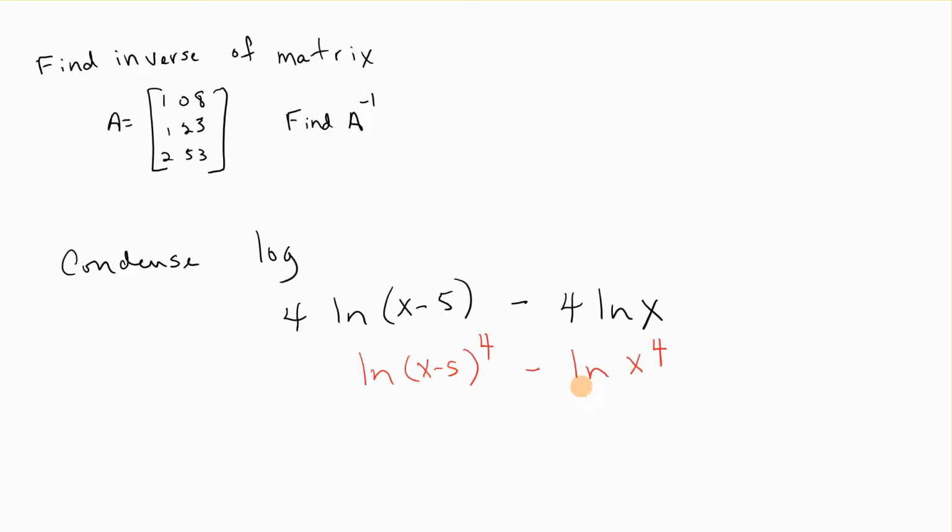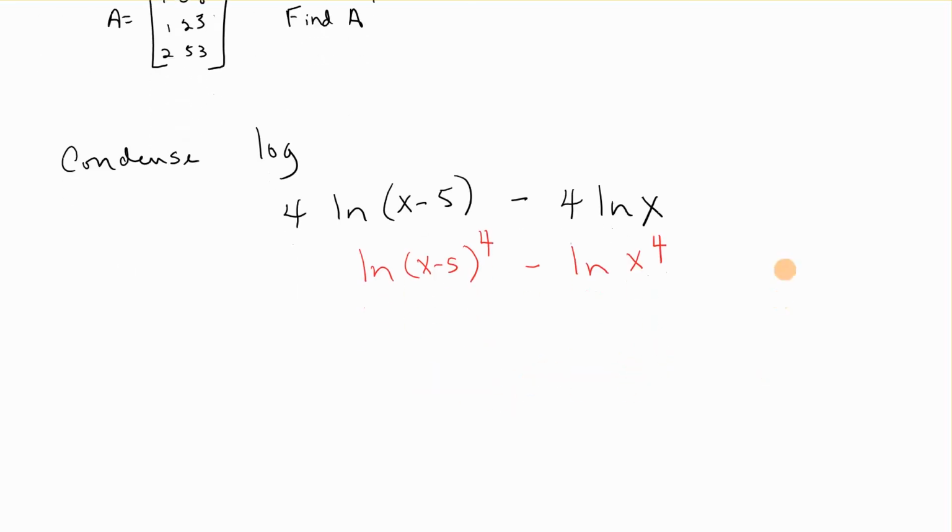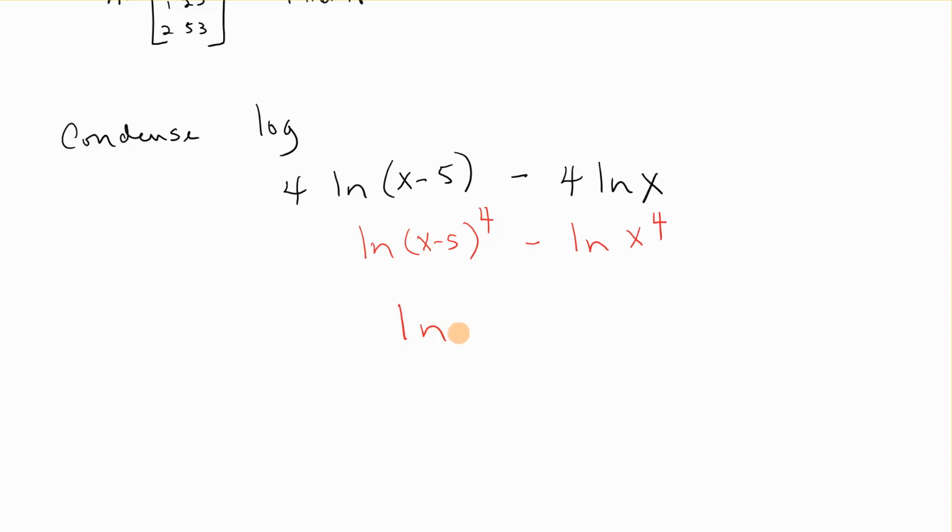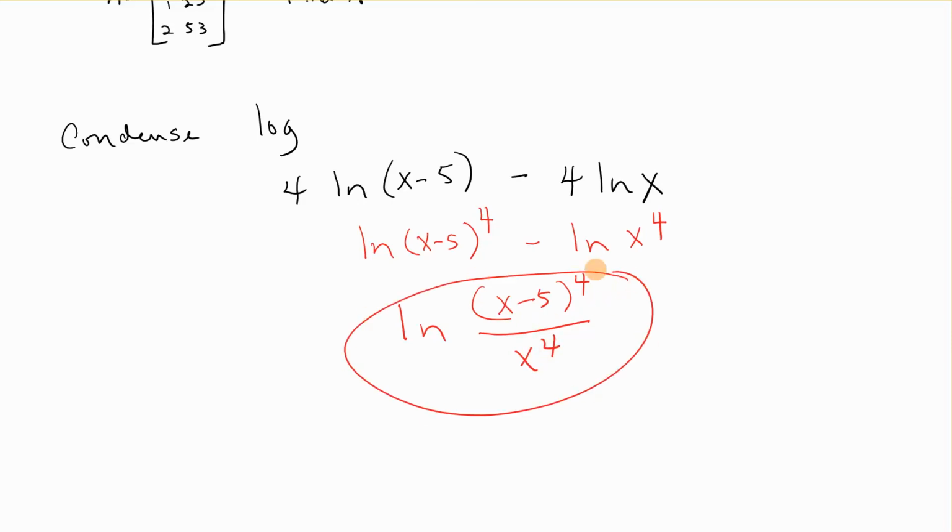Remember, a subtraction becomes a division. So we have the ln of x minus 5 to the fourth over x to the fourth. And now we've written it as one log. You want ln in there only one time because that's what it's asking you to do.